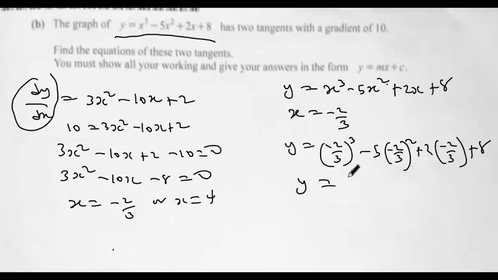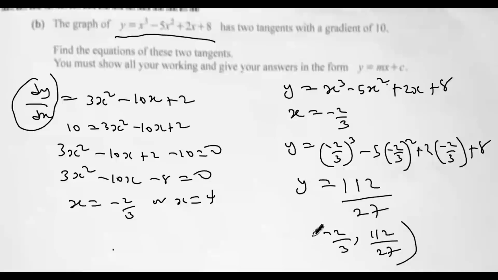If you press your calculator, you get 112 over 27. So the coordinates will be (minus 2 over 3, 112 over 27). This is a point where one of the tangents passes through.